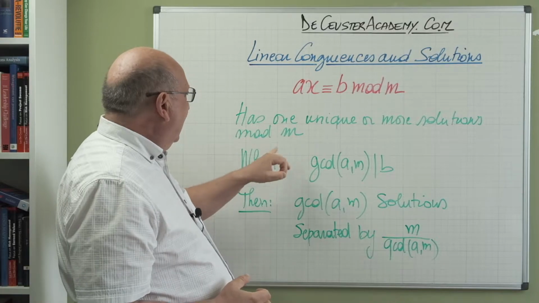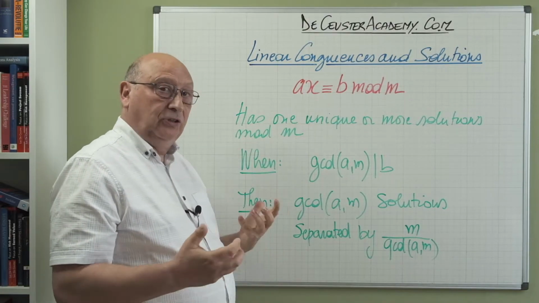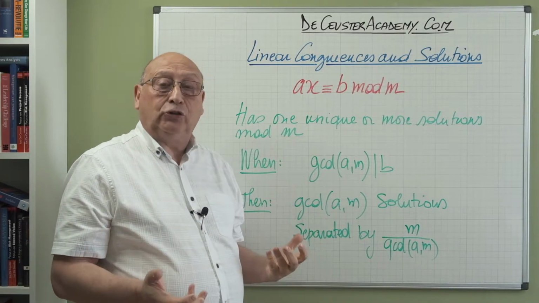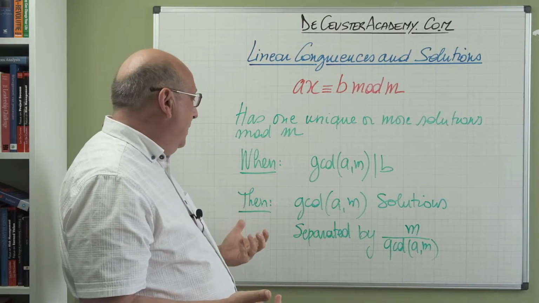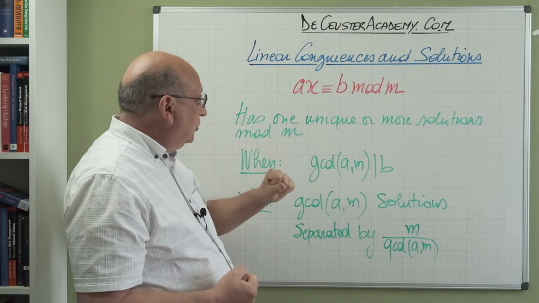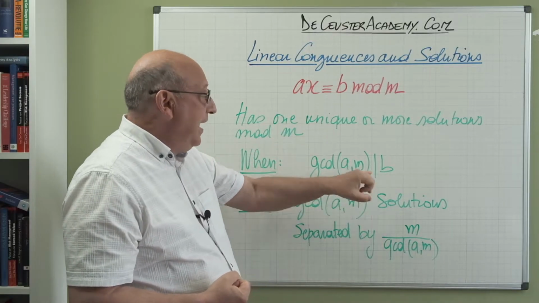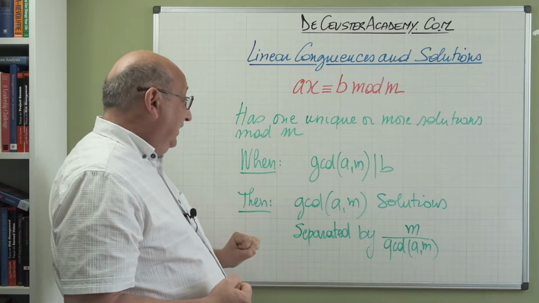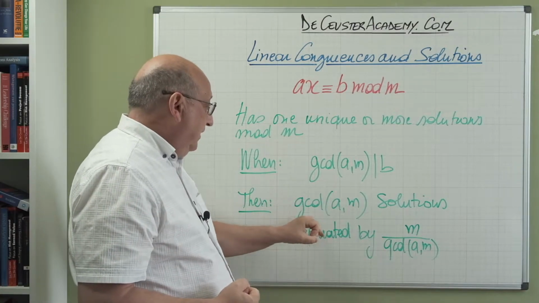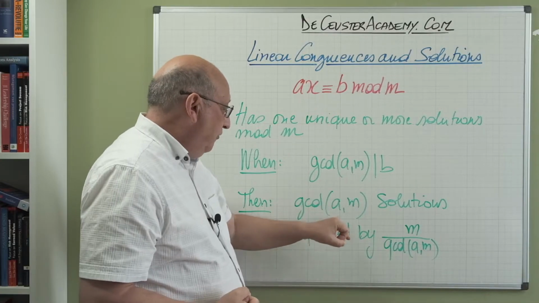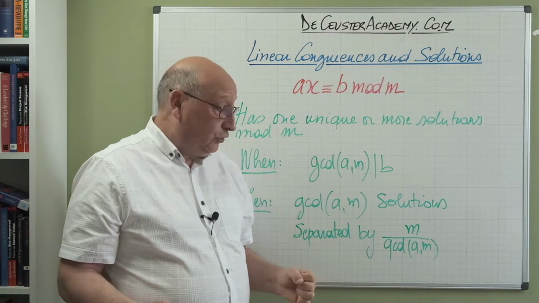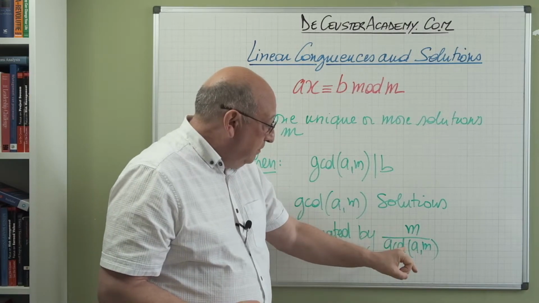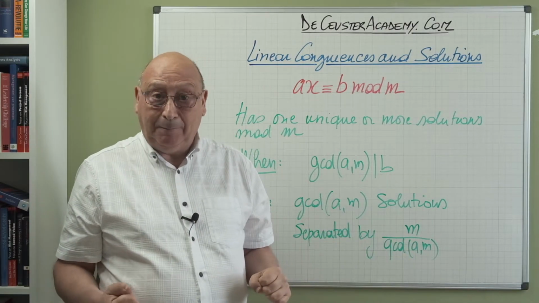We can say that a linear congruence of this form has one unique or more solutions modulus M when the greatest common divisor of A and M divides B. When that is true, then there are GCD of A and M solutions, and those solutions are separated by M divided by that GCD.